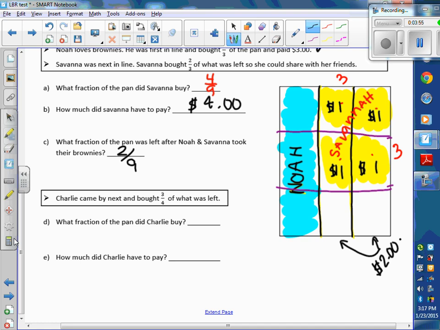Charlie buys 3/4 of what was left. So this is where your picture gets a little tricky. Basically, I'm going to divide this into like that, right? And Charlie's going to buy this, this, and this. But if I'm going to do that division, I need to do it everywhere, right?